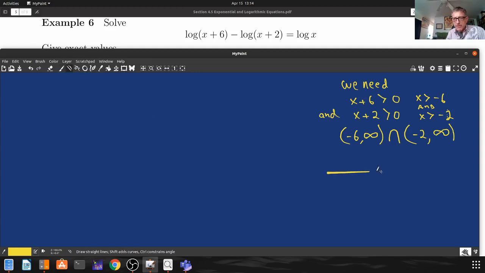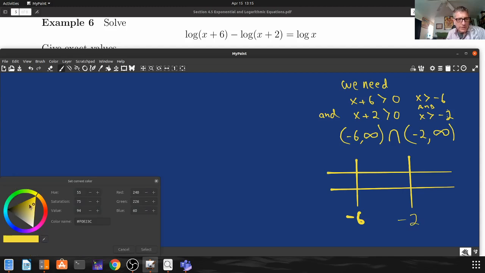Let's draw my number line. I'm going to draw two of them. This is minus 6, and this is minus 2.